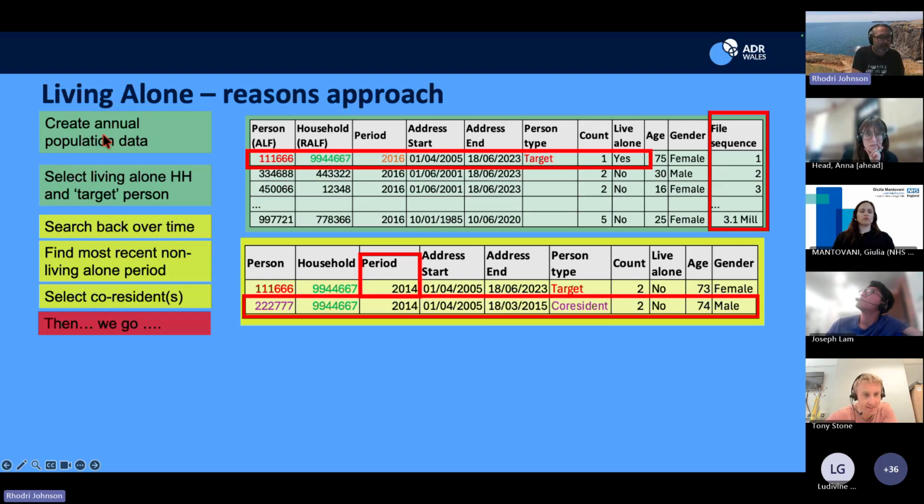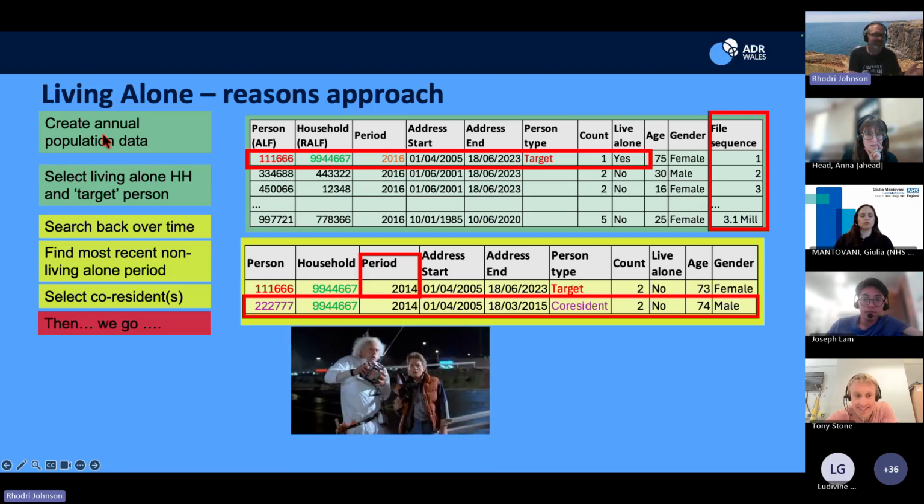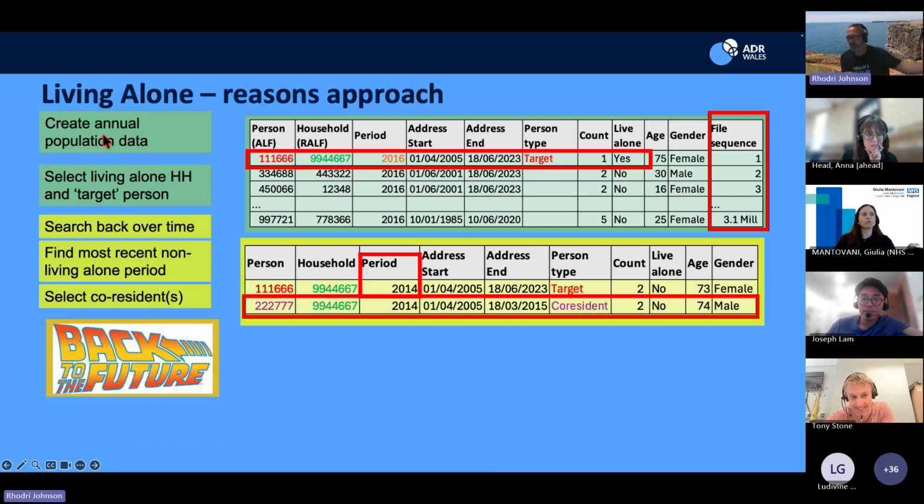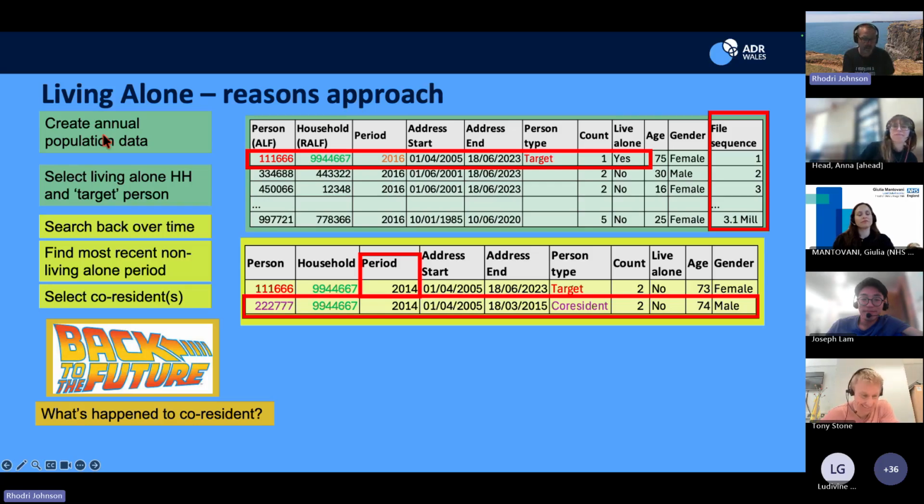So then once we've got that, we've got the people from before, we need to find out information about that person. How do we do that? Then we go back to the future. So we're actually going from the past and then skipping forward to see what's happened to them. Sorry for the corny, just to bring in a little bit of lightheartedness. So we're asking what's happened to that co-resident?